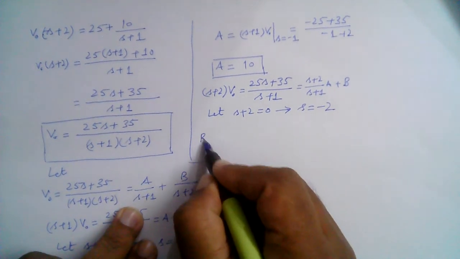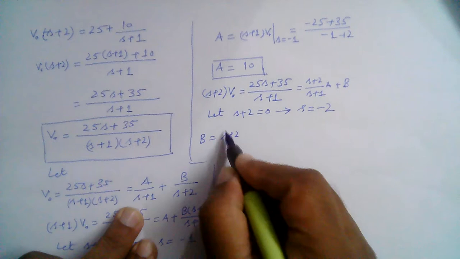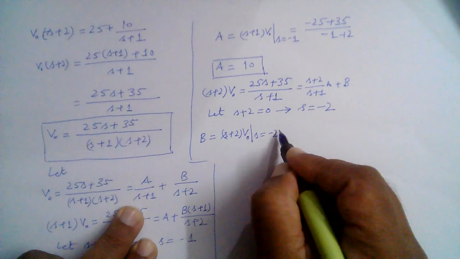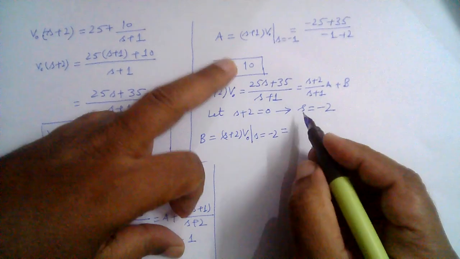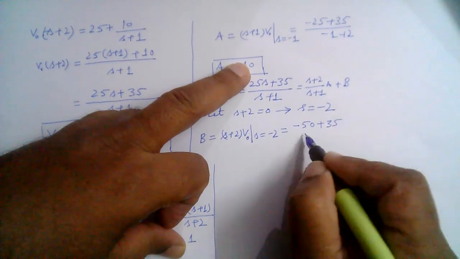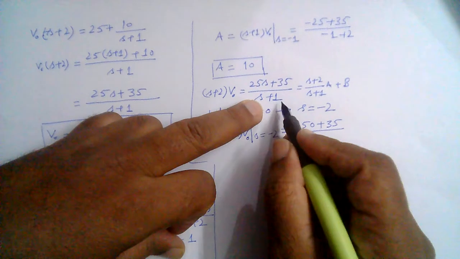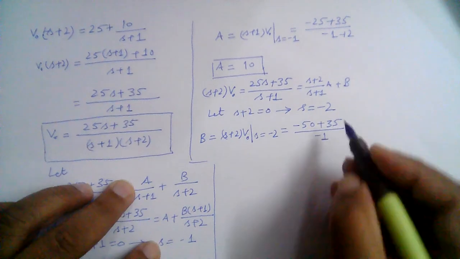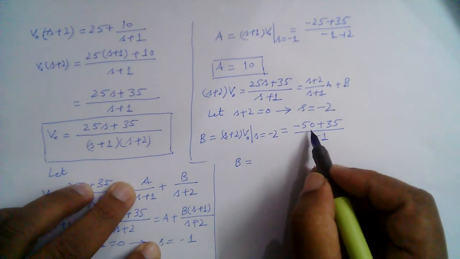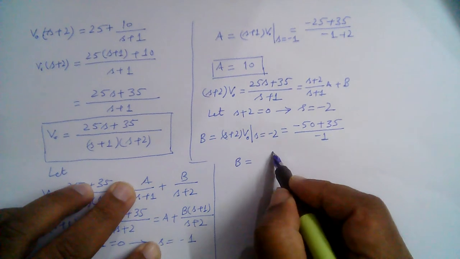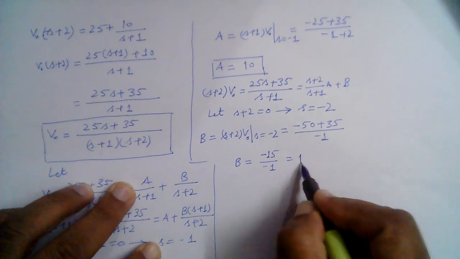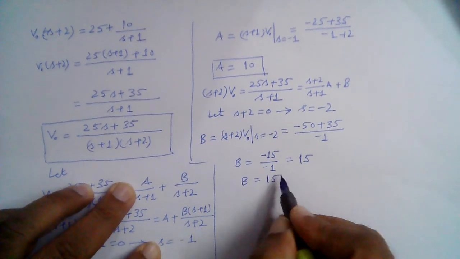So B is equal to (S plus 2) multiplied by V naught with S equal to minus 2, and this is equal to minus 50 plus 35 divided by minus 2 plus 1, that is minus 1. So B is equal to minus 15 divided by minus 1, so that is 15. B is equal to 15.